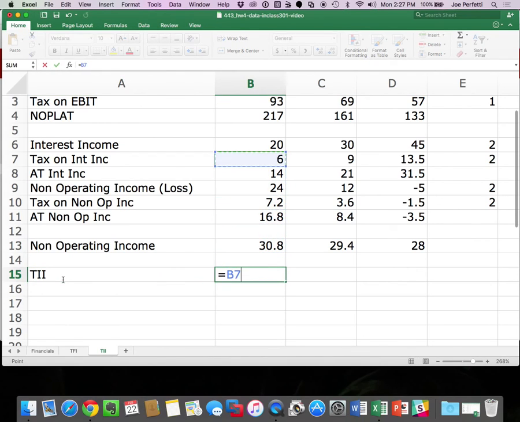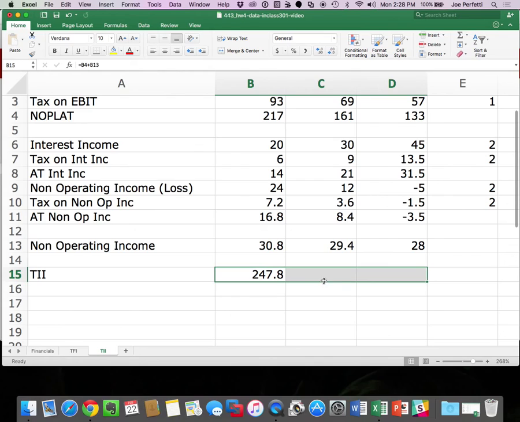So basically it's the NOPLAT plus the non-operating income, and that should get me my TII. Copy, paste. There we go.